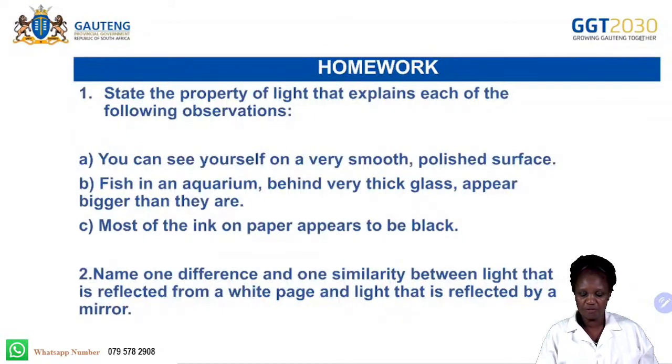C. Most of the ink on paper appears to be black. 2. Name one difference and one similarity between light that is being reflected from a white page and light that is reflected from a mirror.